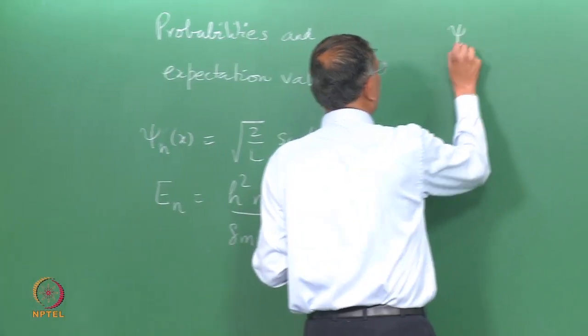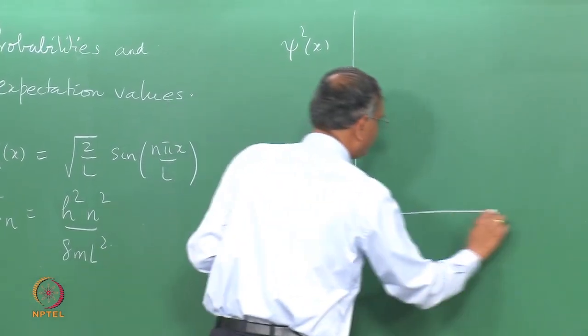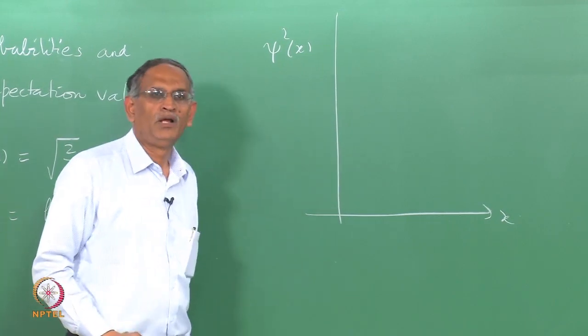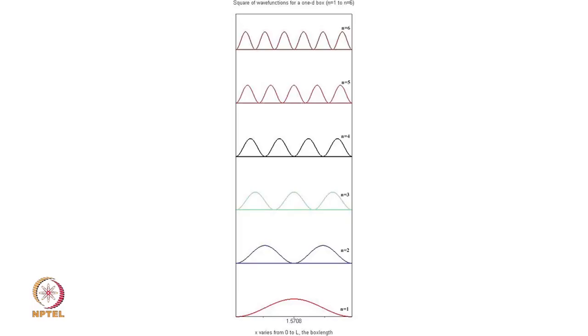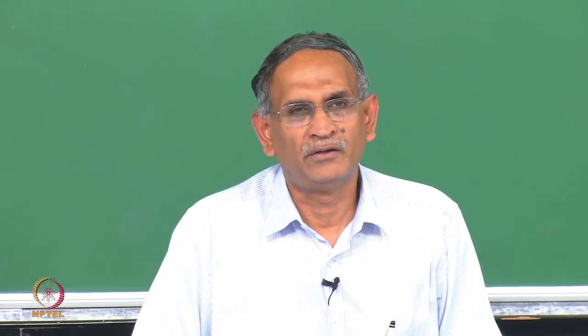If you plot psi squared of x as a function of x, you get some ideas about what these probabilities mean. So, let me show this graph for some value of the box length L, okay, and we have a root 2 by L, which is a prefactor for the wave function.